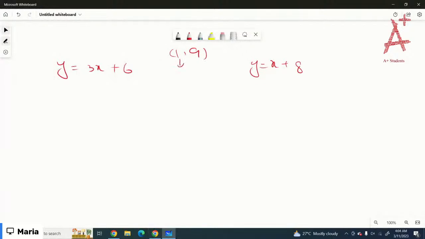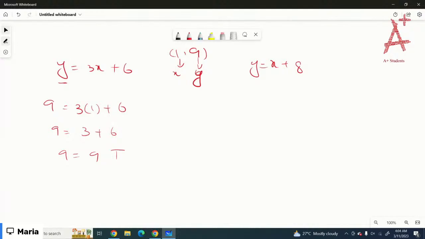The first value is always the x value and the second value is always the y value. Just replace the variables in both equations with their values. So here you have y: 9 equals 3 times 1 plus 6. 3 times 1 is 3 and 3 plus 6 is 9. So 9 equals 9. That means this is true. Both sides of the equation are equal.